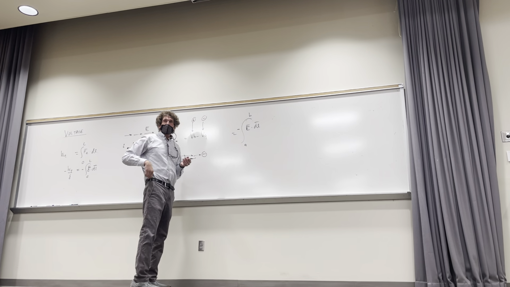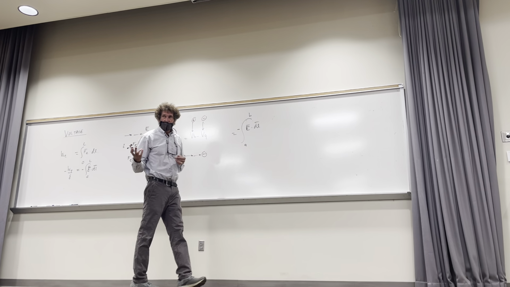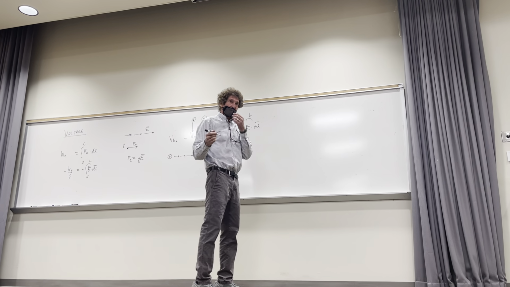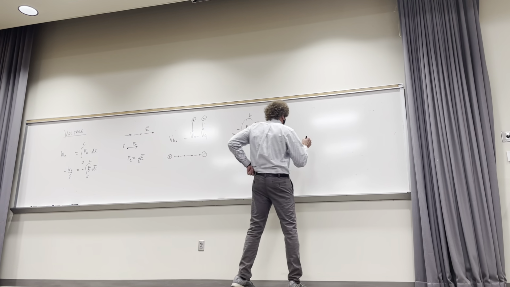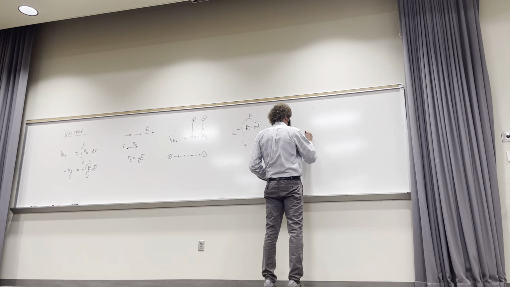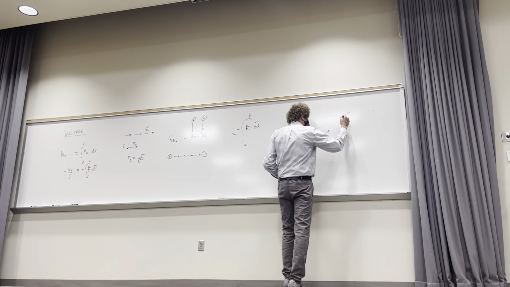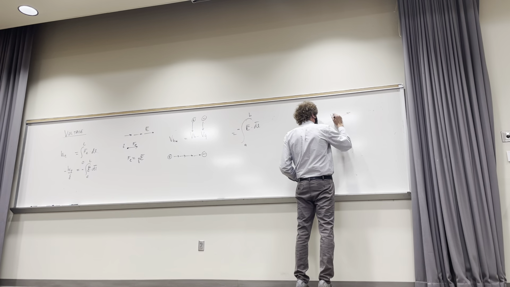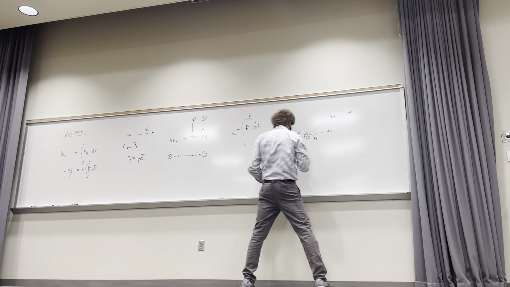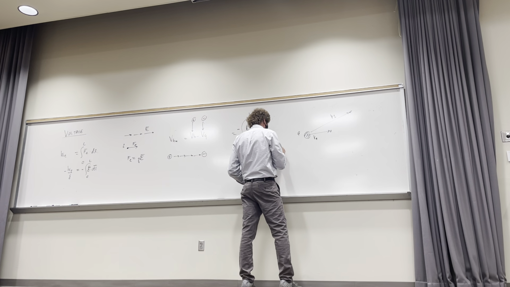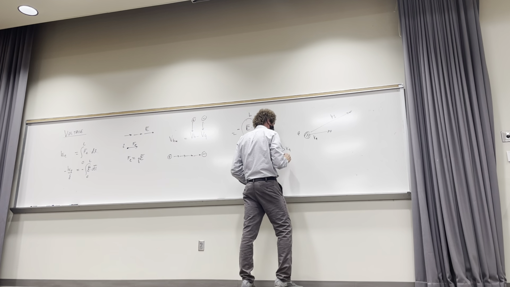Best way to do this is with a simple example, because this will make sense to everybody, I think. If I just take a charge Q, centered at the origin, and I'm going to have some RA and then some RB. And let's make RB greater than RA for now.